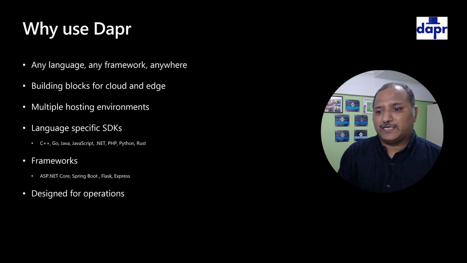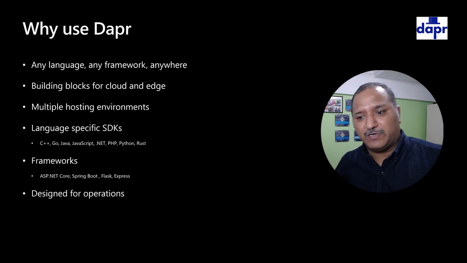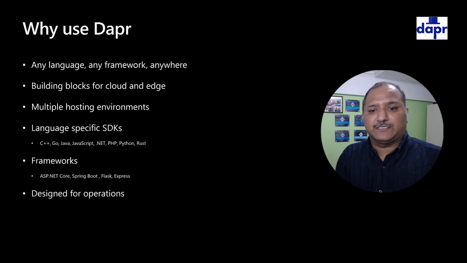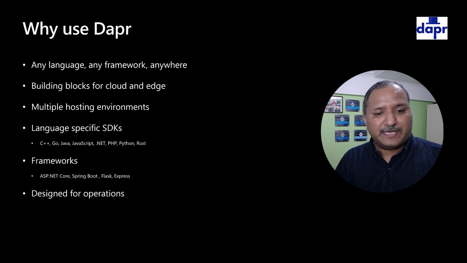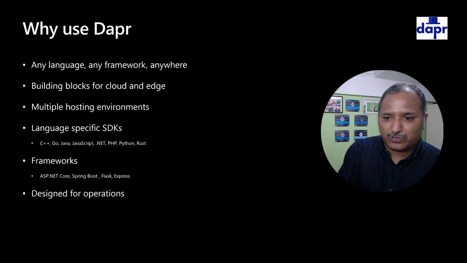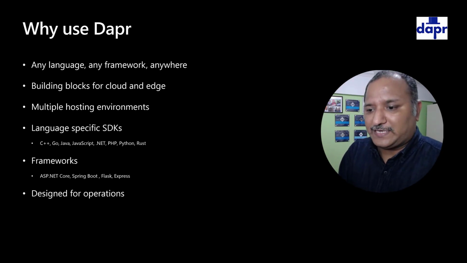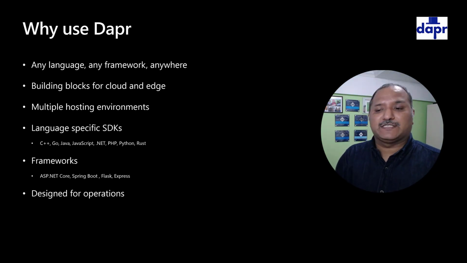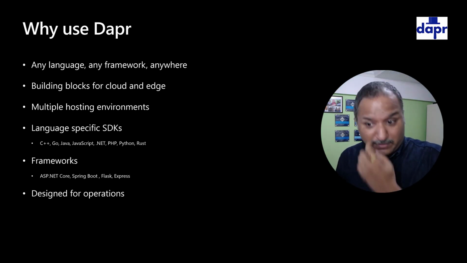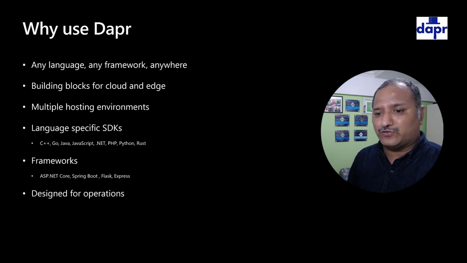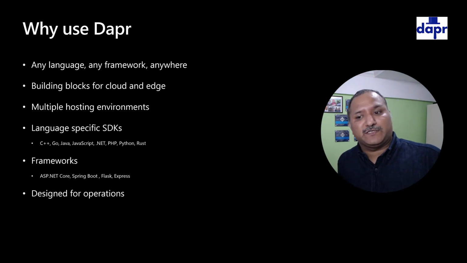We looked at the .NET SDK for Dapr, but it also supports other languages like C++, Go, Java, Python, Rust, PHP. And in this series, I also intend to cover things around Go, Java, and Rust. So we will see that in the later parts of this series, how to use those language specific SDKs.